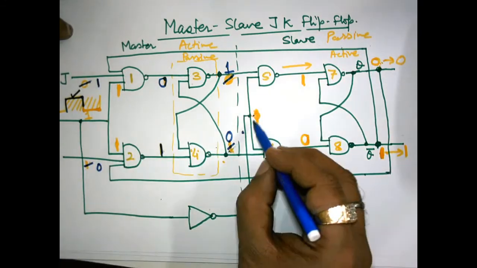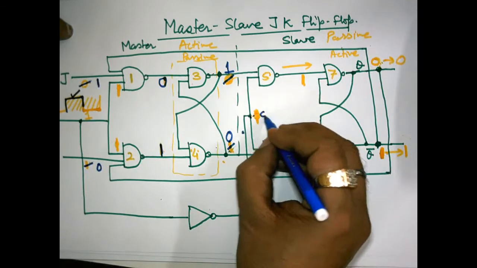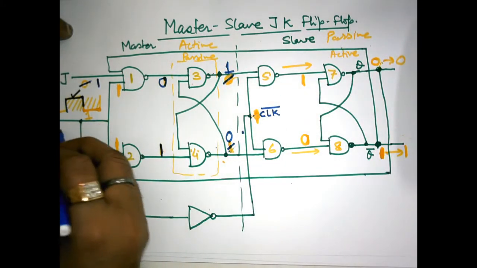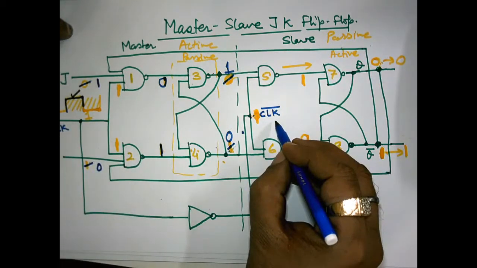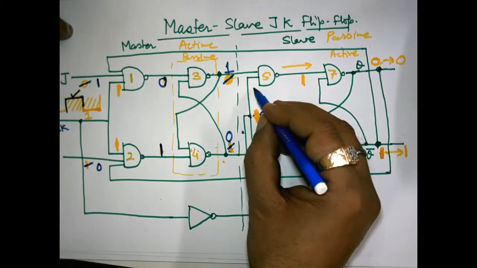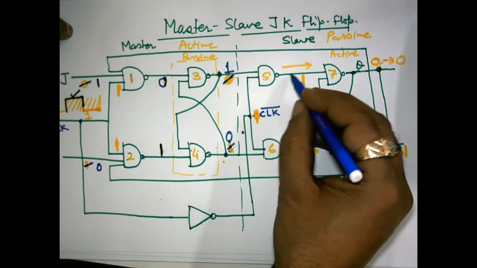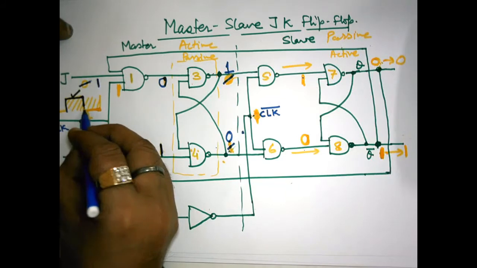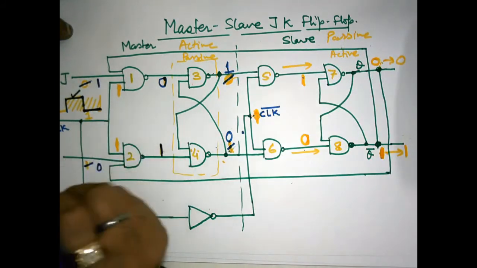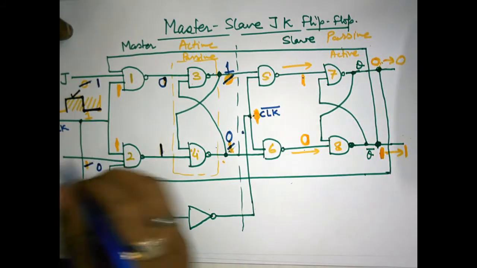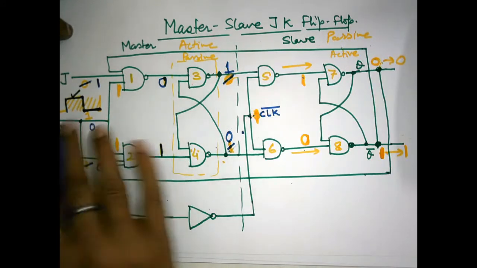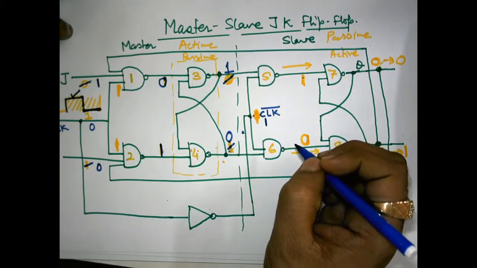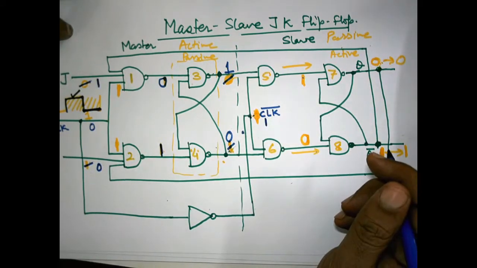Why? Because here at this point, say at the point of clock dash or clock bar, if I say this to be clock, so definitely this will be clock bar. So at clock bar I am getting 0. So 0 will make this 1 and this 1. But suppose the time has come when this clock will become 0. What will happen? 0 will be here, this part of the circuit will become passive, and now 1 is available over here, and this part of the circuit becomes active.